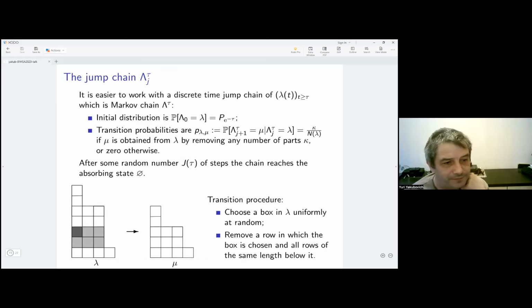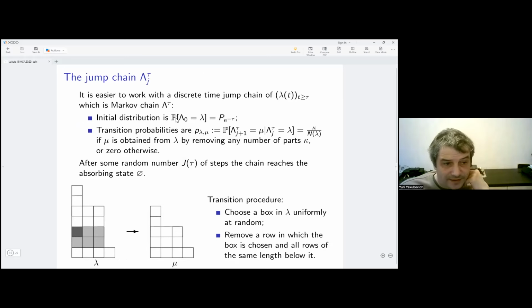Okay, so let us give an alternative description of our Markov chain. It behaves as follows. It waits for some time, and then jumps to some smaller partition.